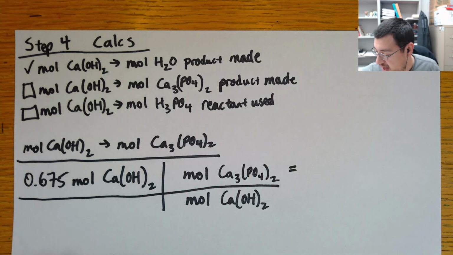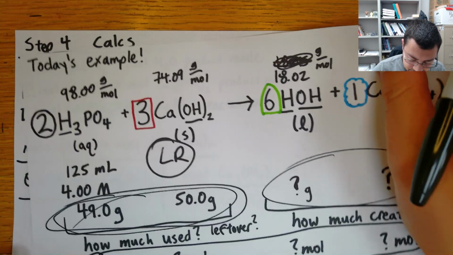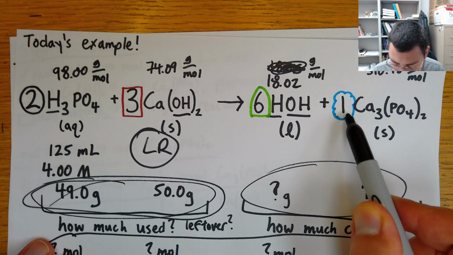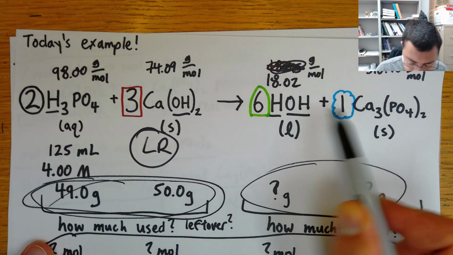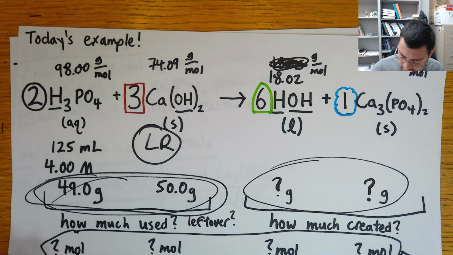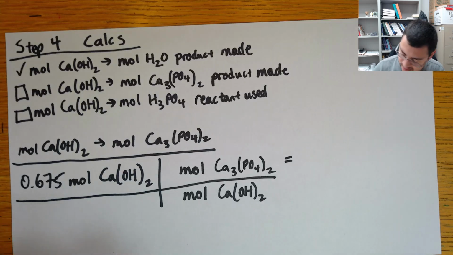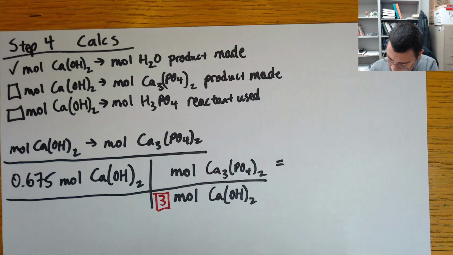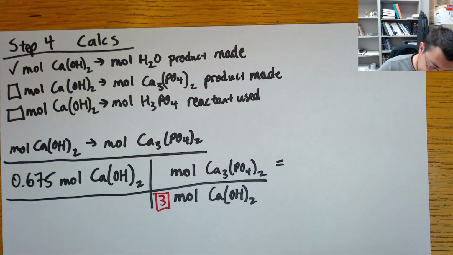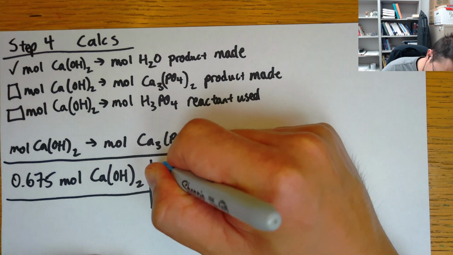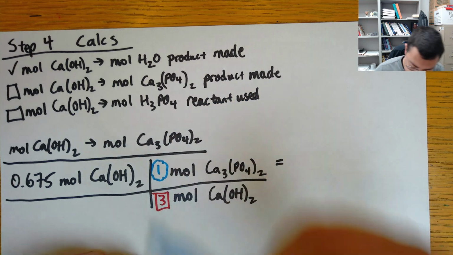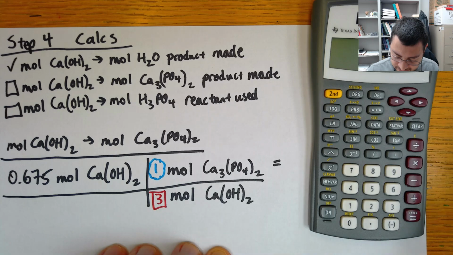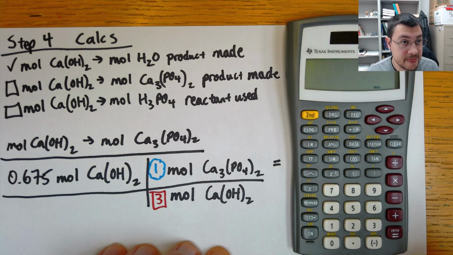Okay, let's grab the coefficients. So 1 in the blue fluffy cloud, and then the 3 in the red box. Okay, so basically in our calculator, we divide by 3.